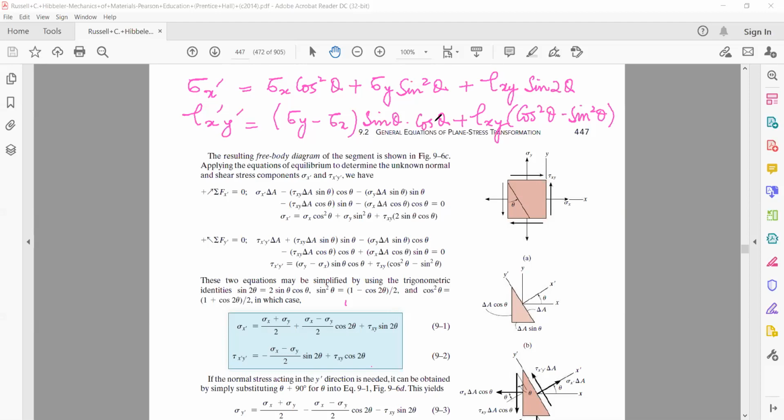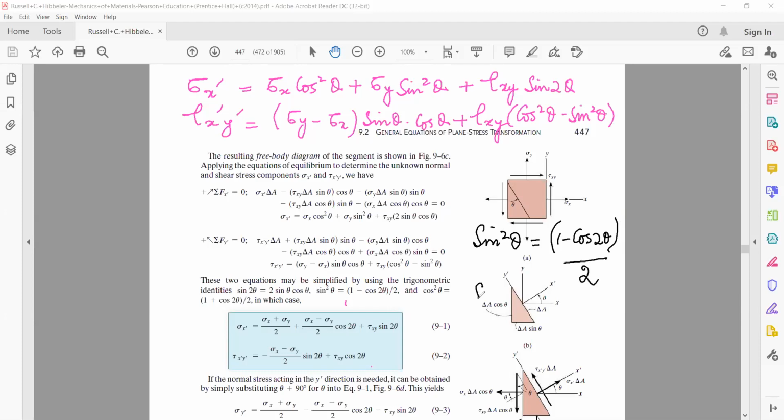We can make use of the formula that sine square theta is equal to 1 minus cos 2 theta divided by 2. Okay, and we also know that twice sine theta cos theta is equal to sine 2 theta.